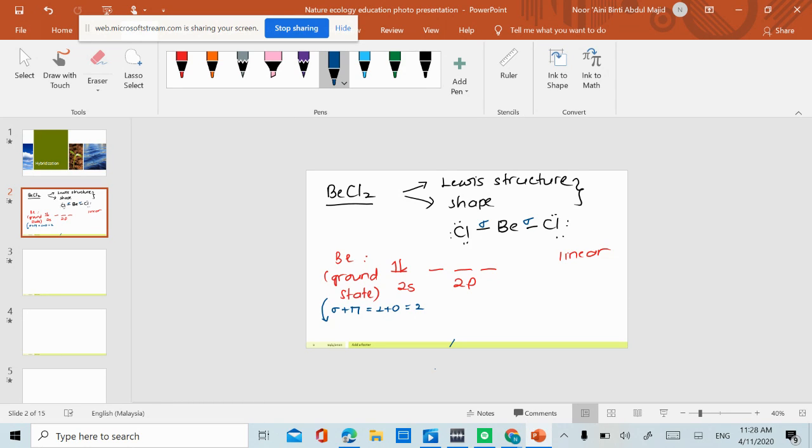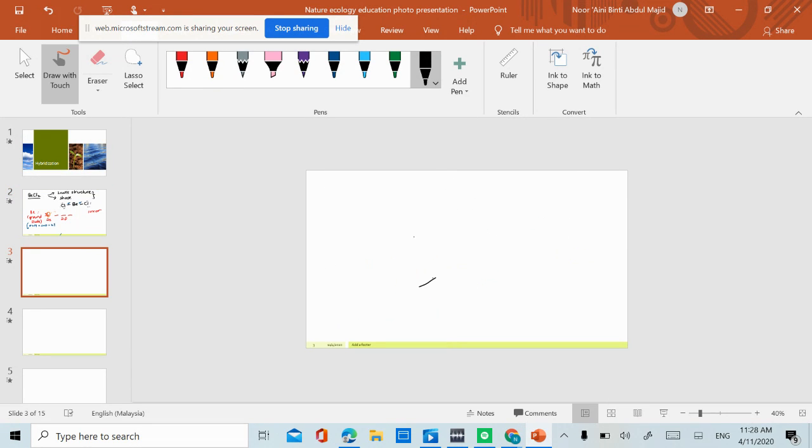Since we need two unpaired electrons, or two single electrons, one electron needs to be promoted to a higher energy level, to the empty p orbital here. So what will form is something like this. Beryllium, 2s and 2p.